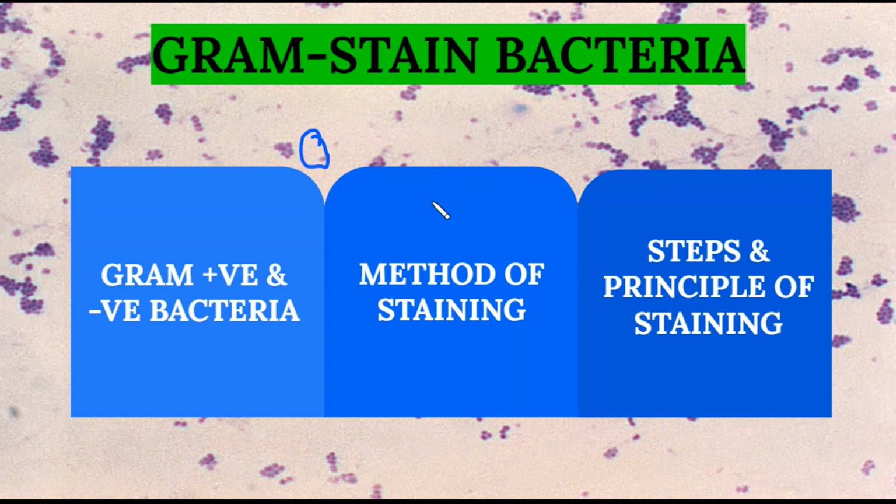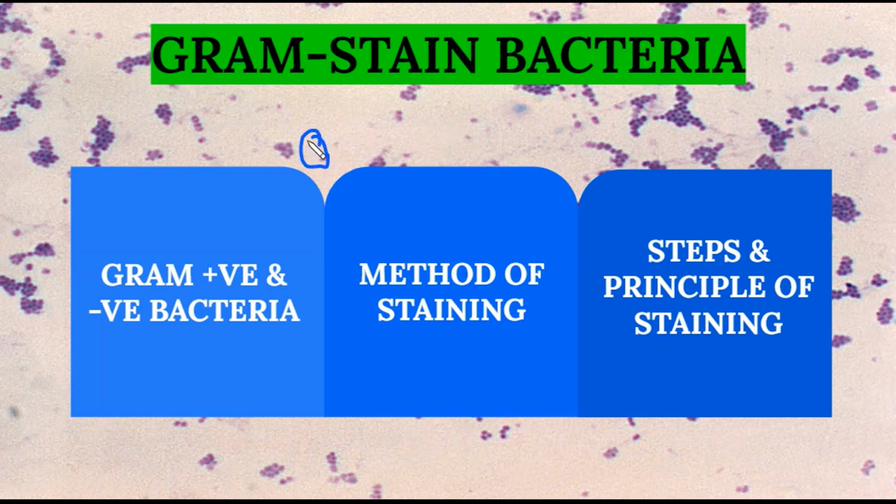Okay, then we will do the rapid decolorization so that we can see it under the microscope. Rapid decolorization is done with alcohol or acetone. Okay, and then what will happen? We will counterstain it with safranin. So what was the first step?